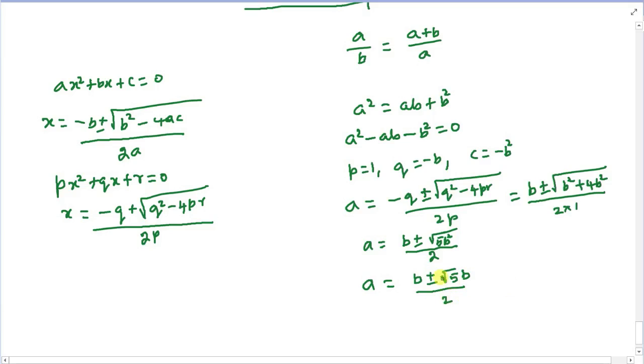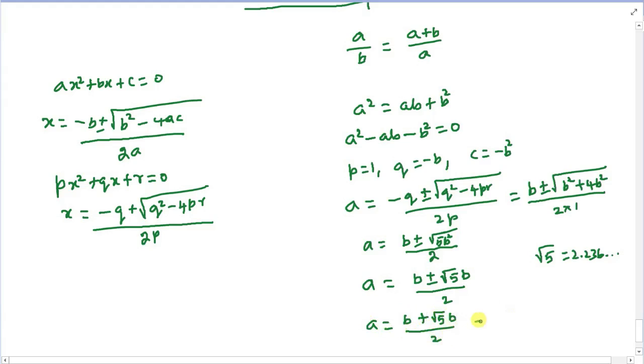The value of root 5 is 2.236, etc. So this is greater than 1. So if I take negative sign, the value of A will be negative. So I am taking only positive sign, ignoring the negative sign here. So A is equal to B plus root 5 B by 2.